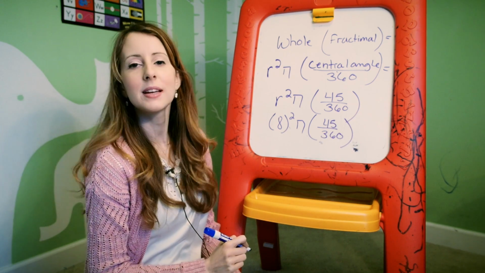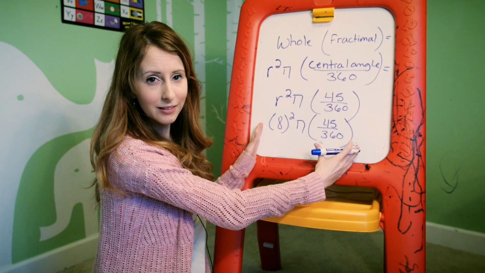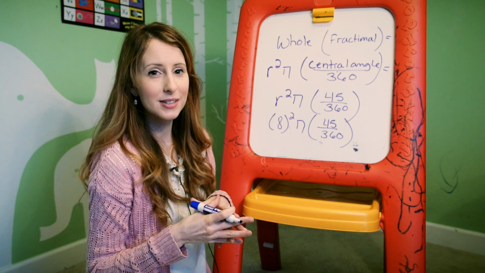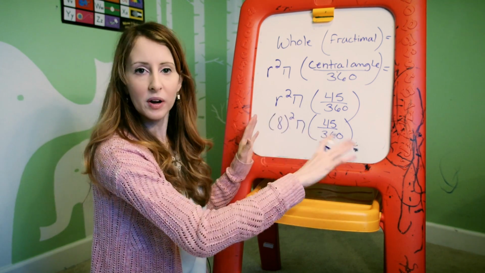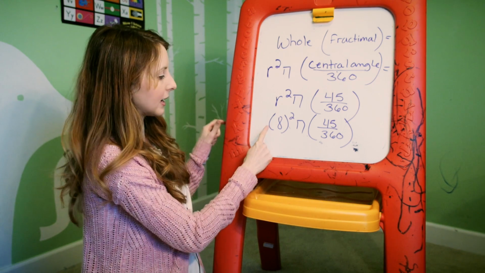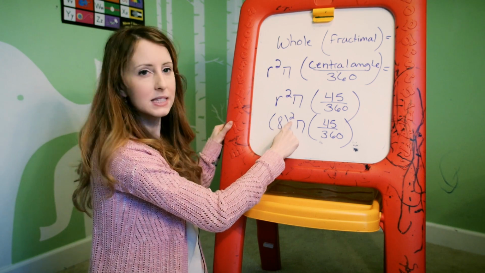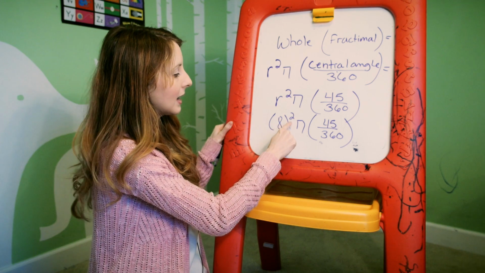All right, now when you get to this part, you've filled in all the information that you need. You've put it in the correct spot. Here would be the time to pull your calculator out, and you can do all of these steps one right after another. Here's what you want to do. You're going to hit 8 and then the squared button. So you should be seeing 64, obviously, on your display, times pi.